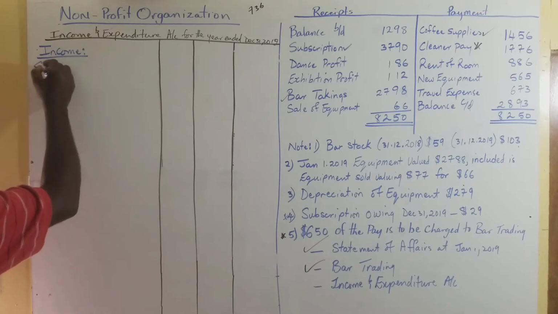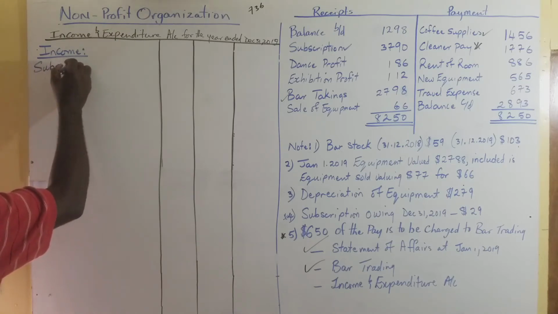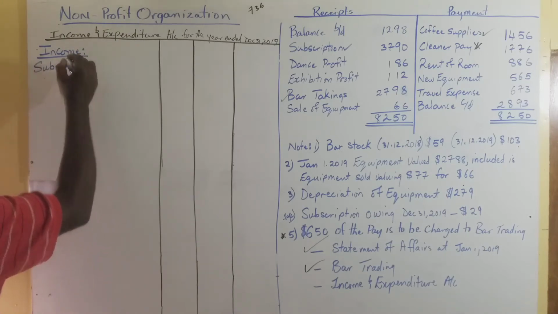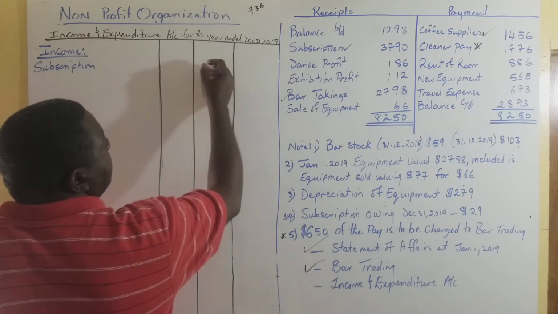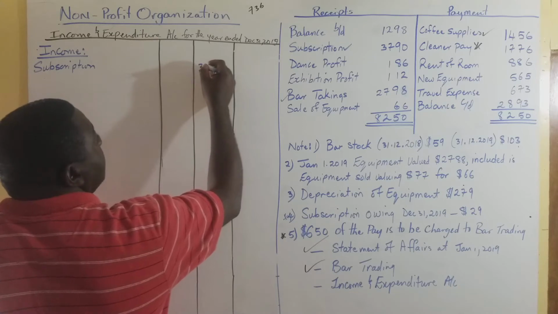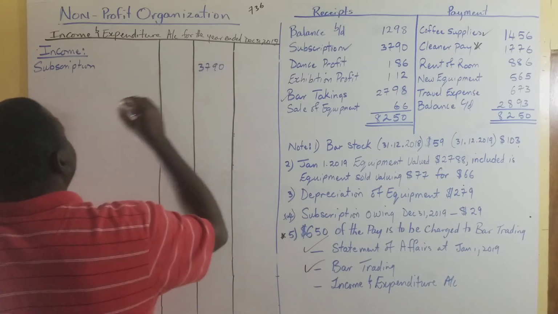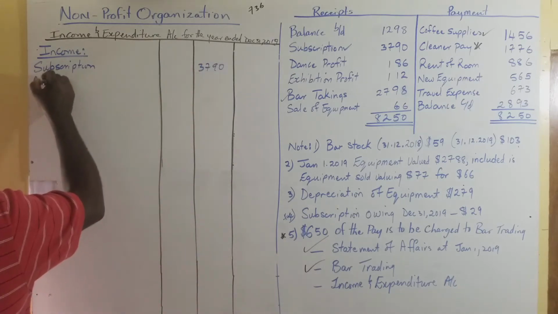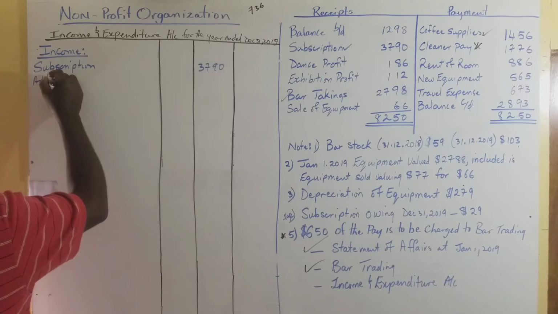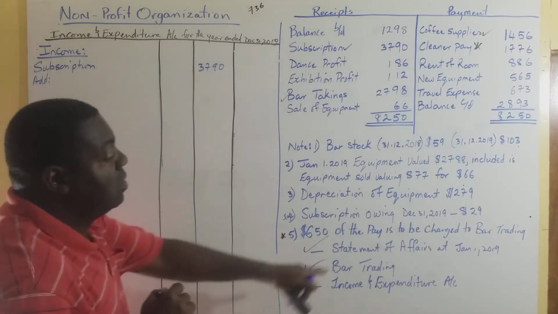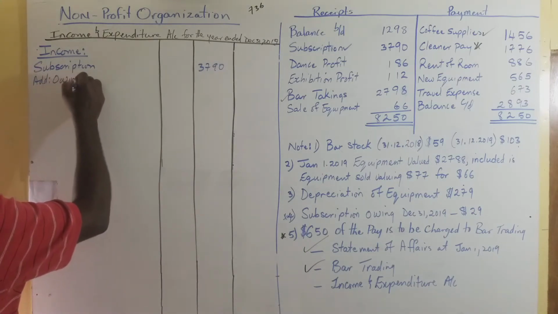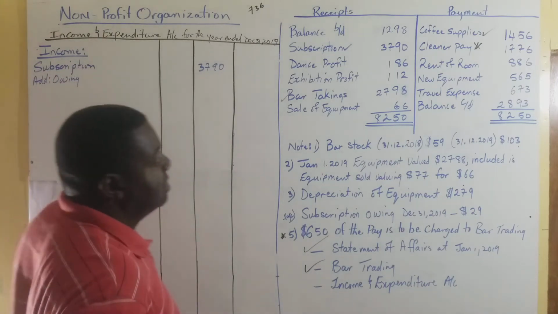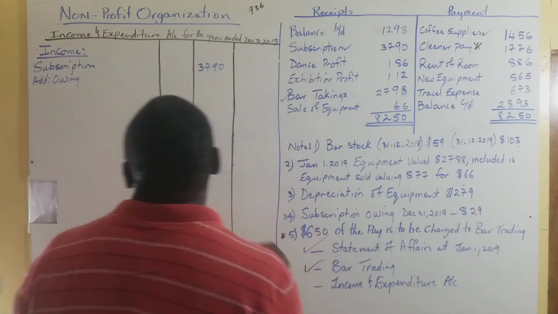All right, let's put that in subscription, and the amount of money we have there was $37.90. We're going to add the amount owing, which is 29.